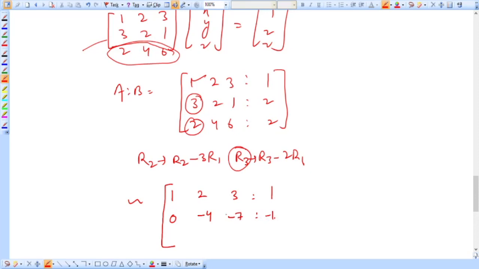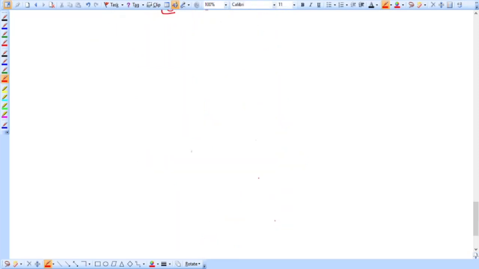And the next row would be 0 0 0 because it is a linear combination of row 1, right?